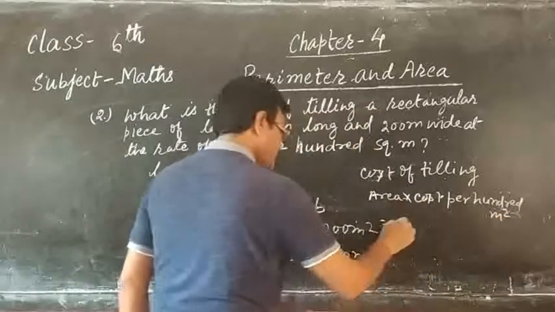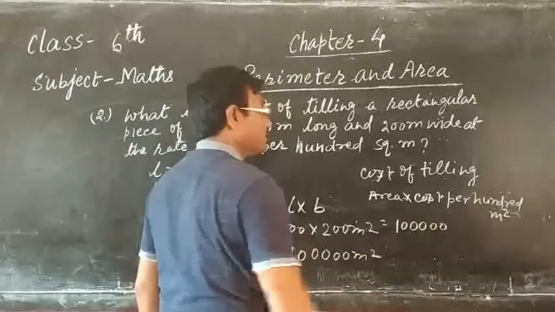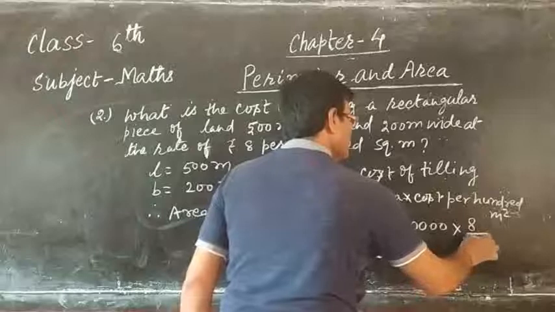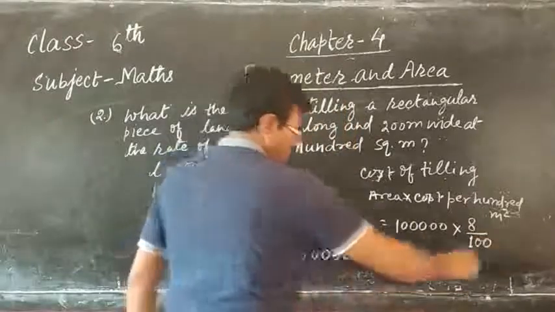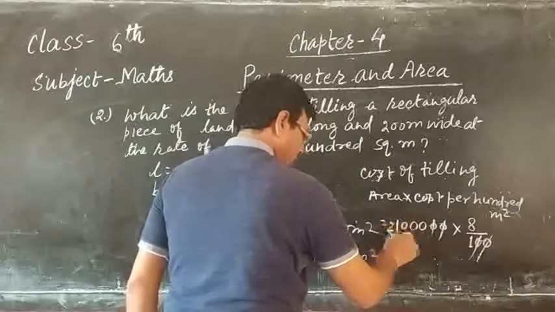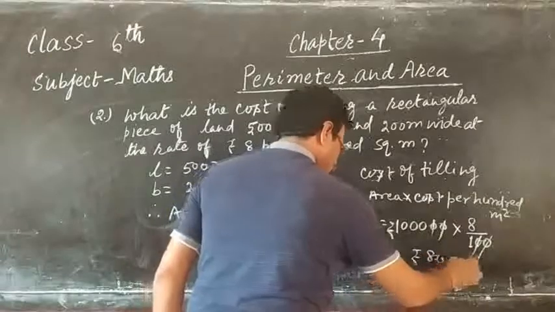So total area is 1 lakh meter square into 8 by 100. Cancel the zeros, it will be 1000 into 8, which means 8000 rupees.